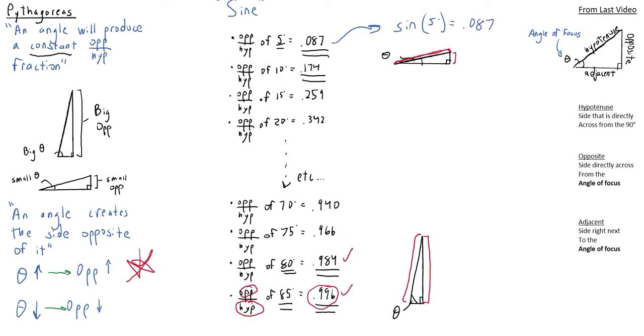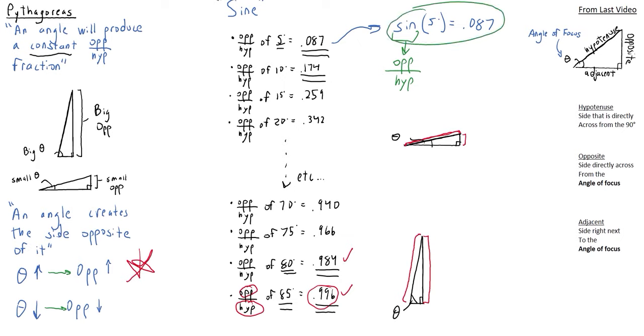And we pronounce it sine, but we spell it S-I-N. So all this word sine means is opposite over hypotenuse. This thing here means the exact same thing as this. This is just shorter. It's shorter to write and it's shorter to say. That's it.